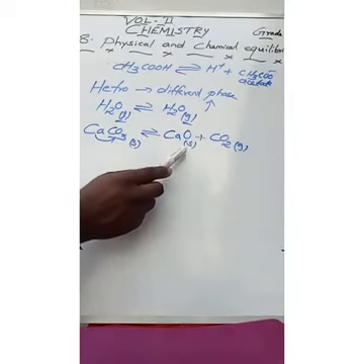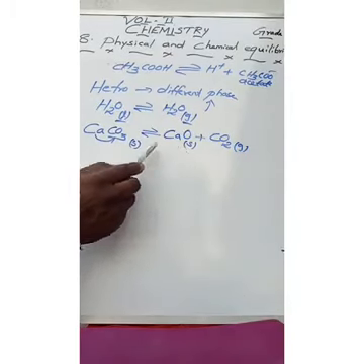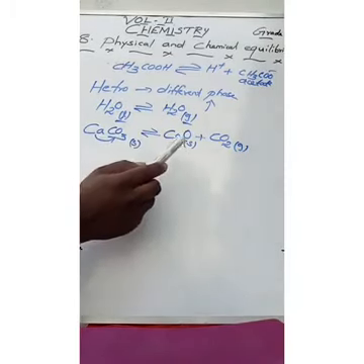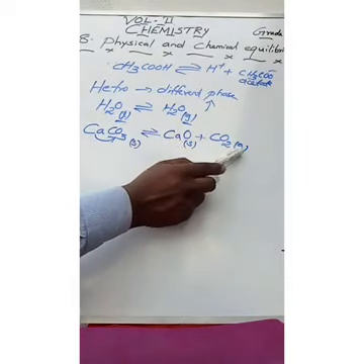So what is the formula for calcium carbonate? CaCO3. This undergoes decomposition. We get calcium oxide and carbon dioxide. Calcium oxide is a solid state. Calcium carbonate is also solid state. But the carbon dioxide is gaseous state.